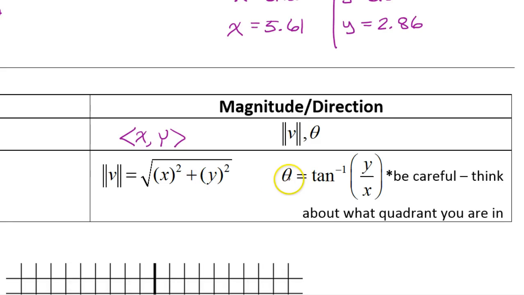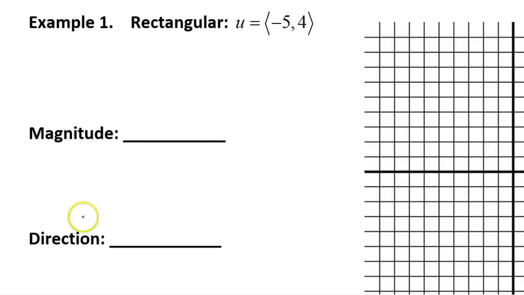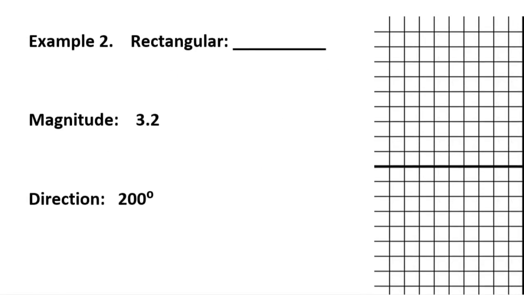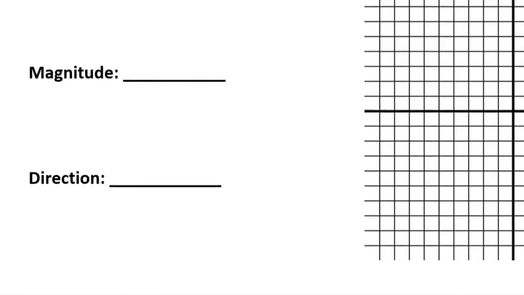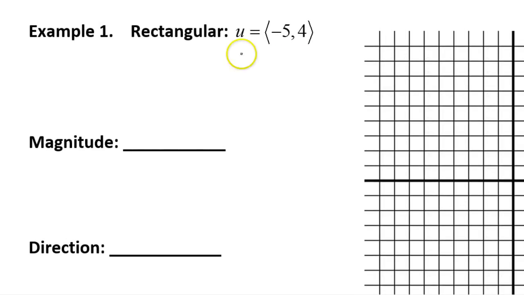And if I want to find the direction, I can use inverse tangent, but I have to be careful about what quadrant I'm in. So if we are given component form, we should be able to write magnitude and direction. If we are given the magnitude and direction, we should be able to write component form. Okay, so let's practice going in both directions.